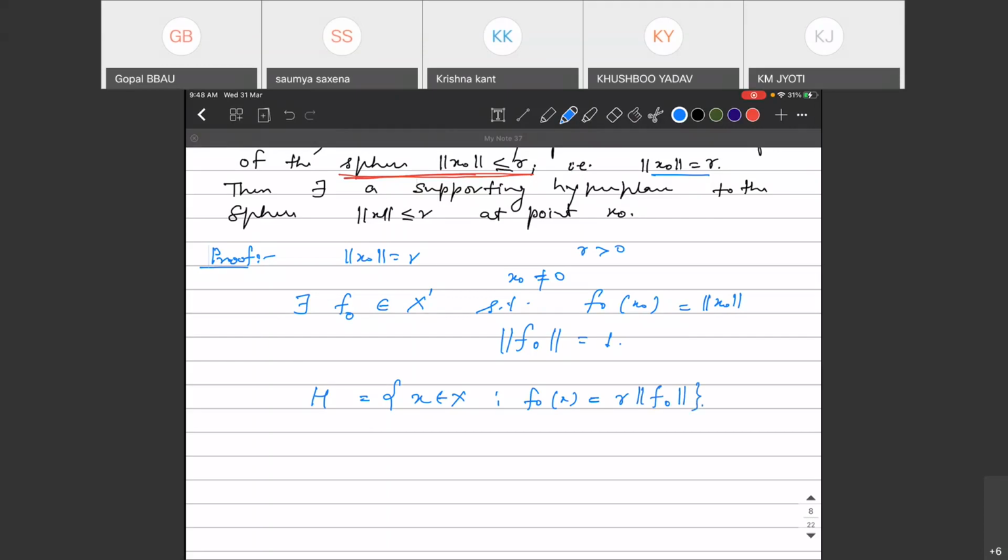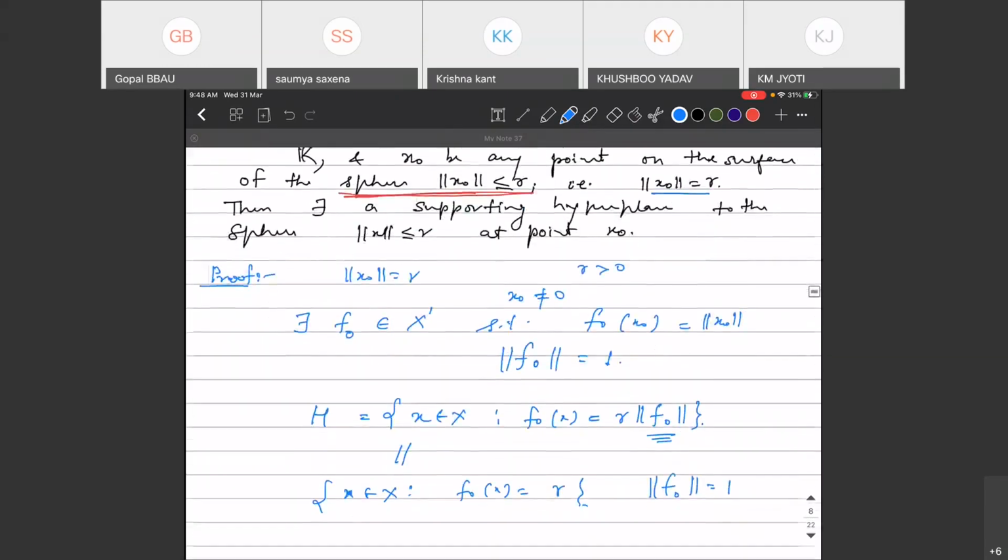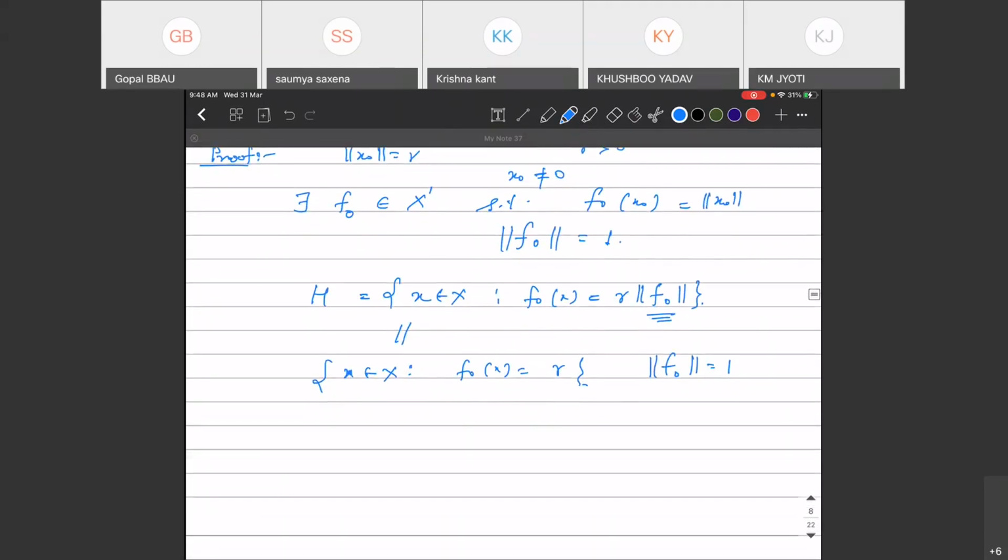You know norm of f naught is 1, so this set is nothing but all those x in X such that f naught x equals R. You have already seen such a set.